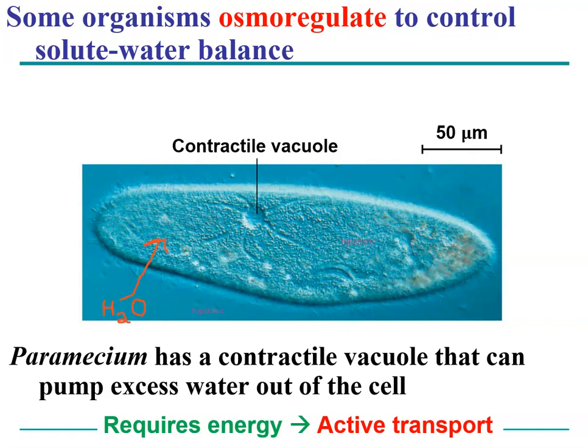And so that plasma membrane could potentially rupture, causing all of the organelles inside of the paramecium to just spill out into the water, and it ultimately would die. But this doesn't happen because of the contractile vacuole. The contractile vacuole takes on that water and then pumps it out. But that does require that energy be spent by the paramecium.